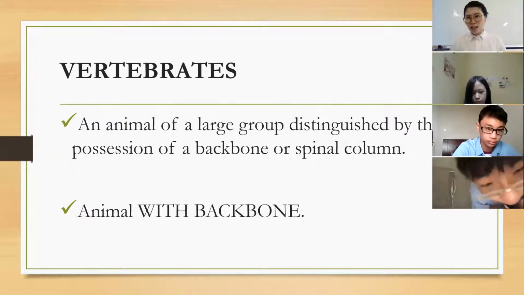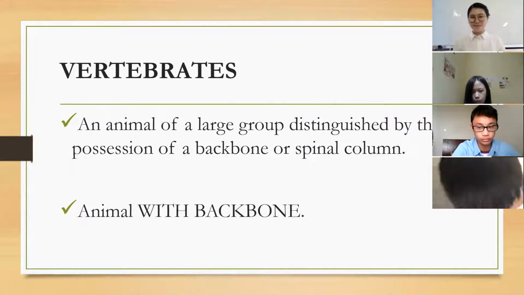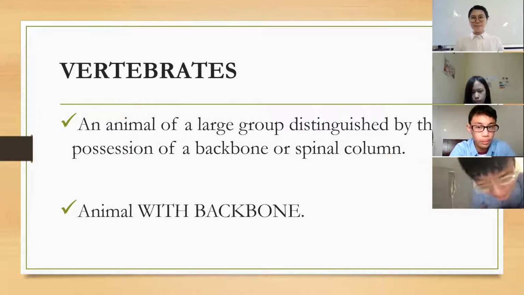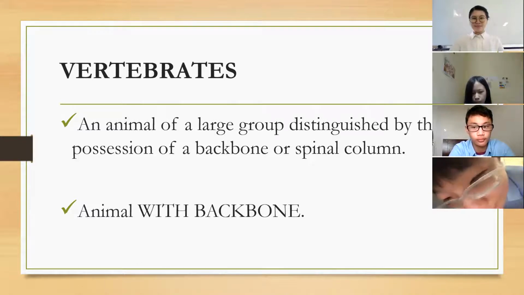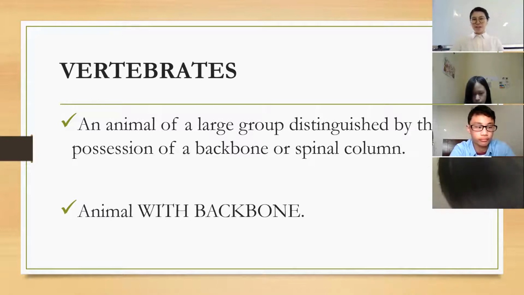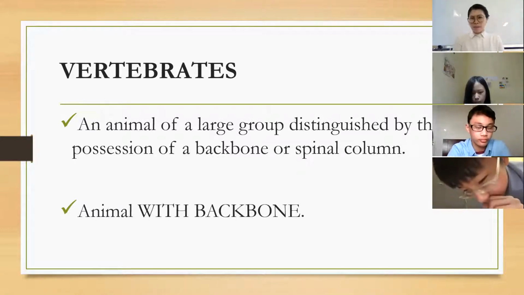May I request Valerich to read? Vertebrates: an animal of a large group distinguished by the position of the backbone or spinal column. Animal with backbone. Very good. So in short, vertebrates are animals with a backbone.